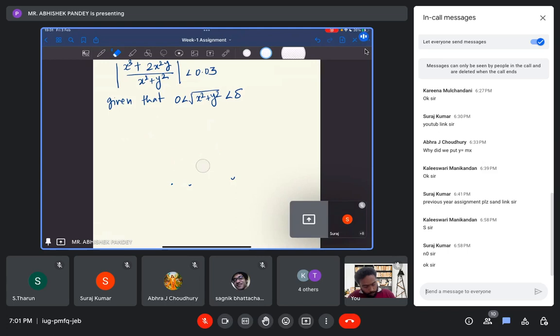So we need to get the condition on delta so that this will hold.